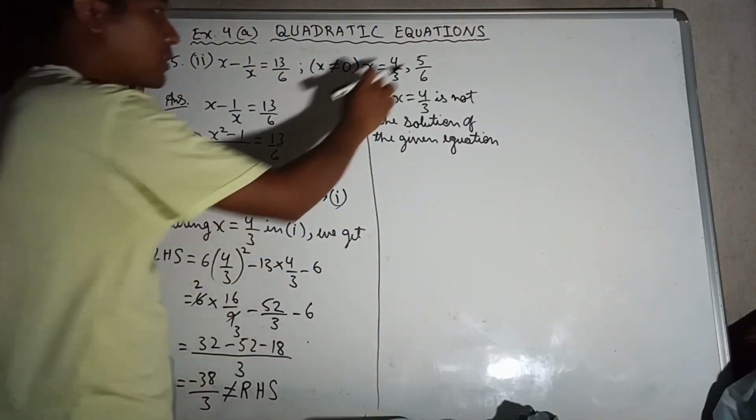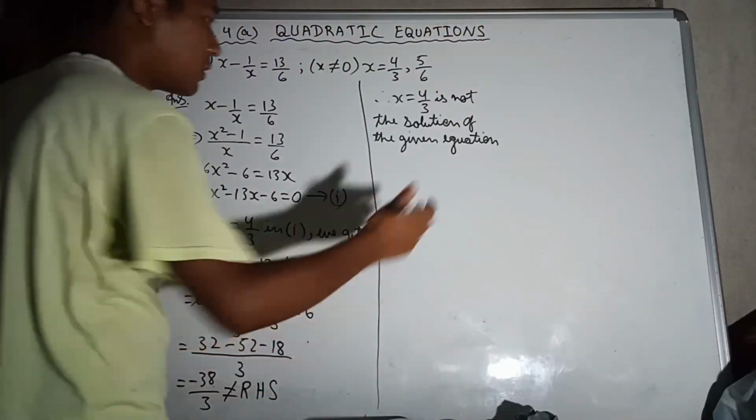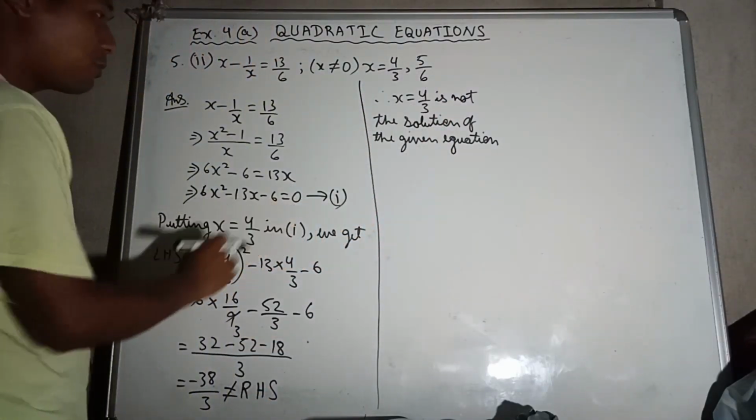Now x is equal to 5 by 6. You can substitute again in equation 1, left hand side.